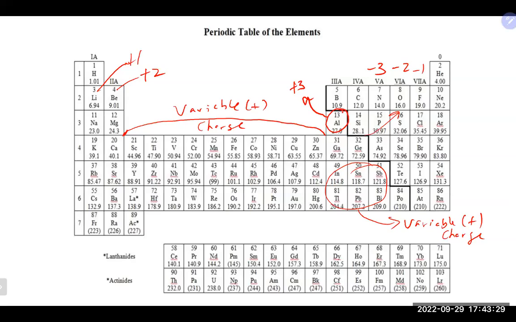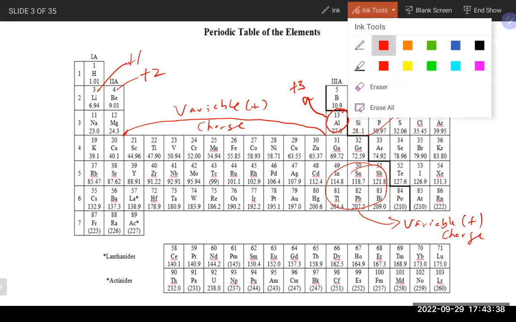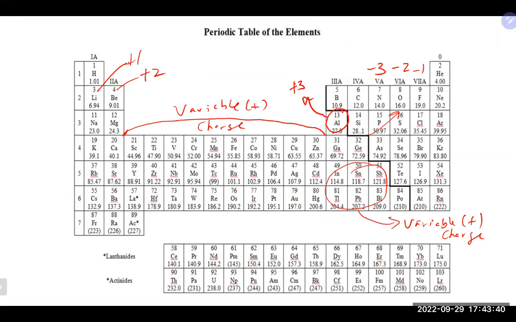Now, there are three exceptions among the transition metals that, although they are transition metals, actually have a fixed charge. That is this little backwards L starting at zinc. Zinc and cadmium will both always make a +2 charge, no matter what the situation is.